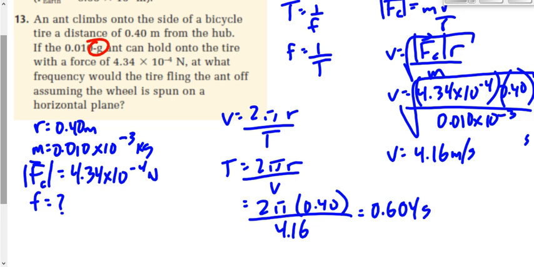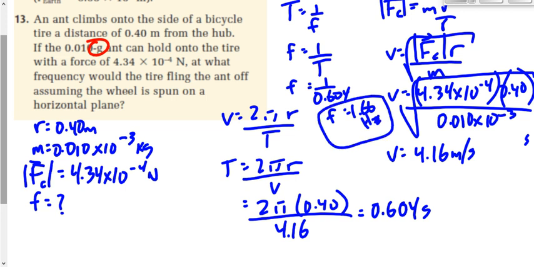And look, now, goes back to what Liam gave me at the beginning, F is equal to 1 over t. Okay, I got the period here. Frequency is 1 over that. And that gives me, who's got that now? 1.66 hertz. Okay, is that okay?